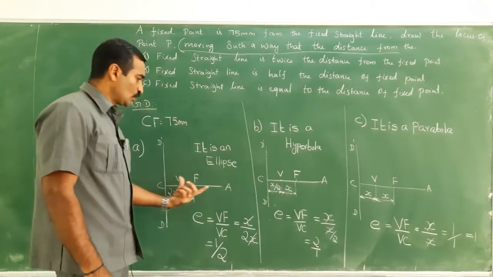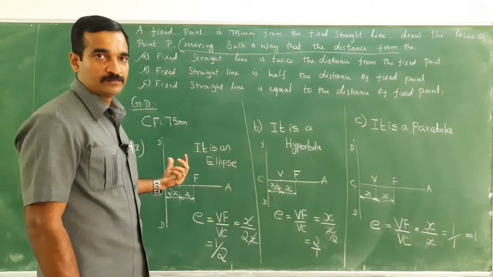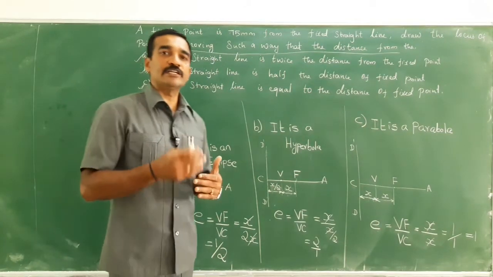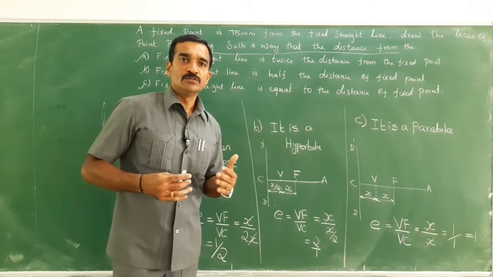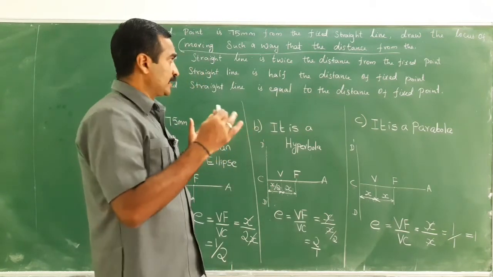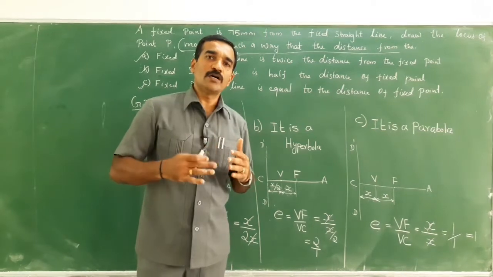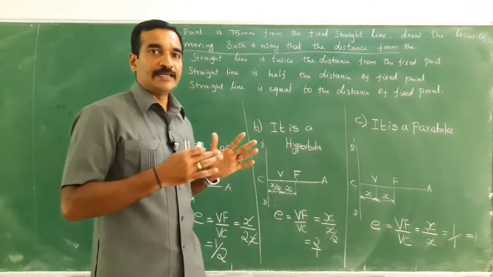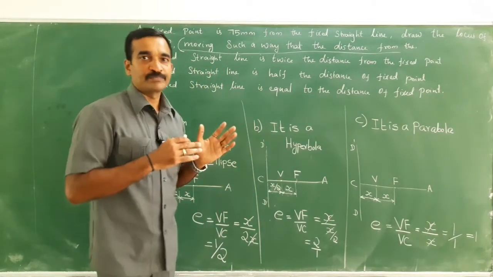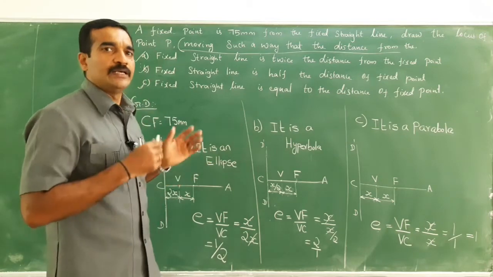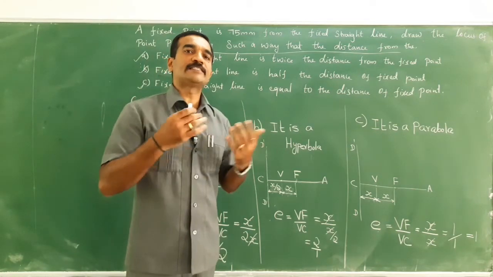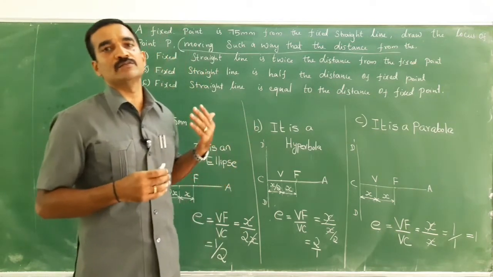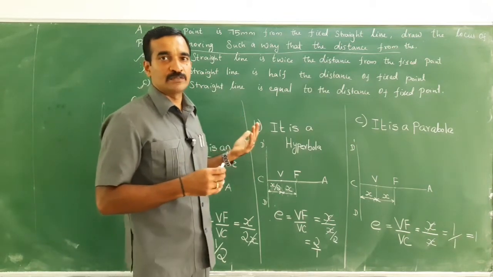Remember how to identify this curve, right? In the previous lecturing videos, I taught you where the eccentricity was given in terms of fraction or decimal, right? If E is equal to 1 by 2, you can easily identify the curve is an ellipse.